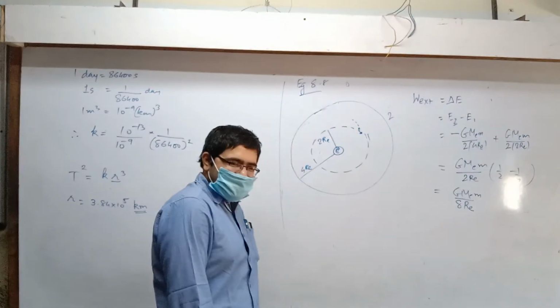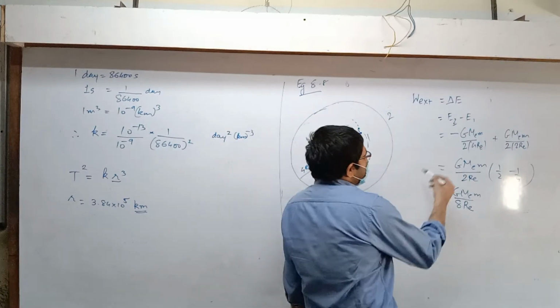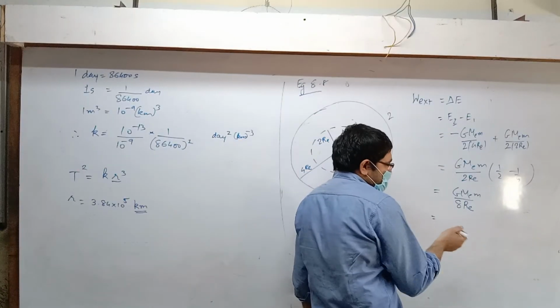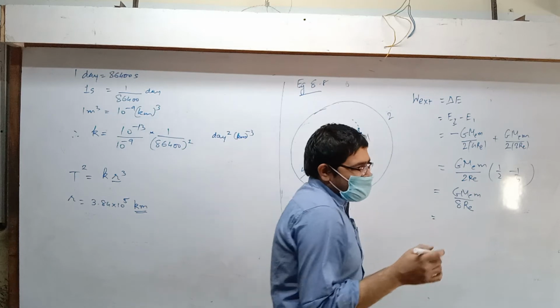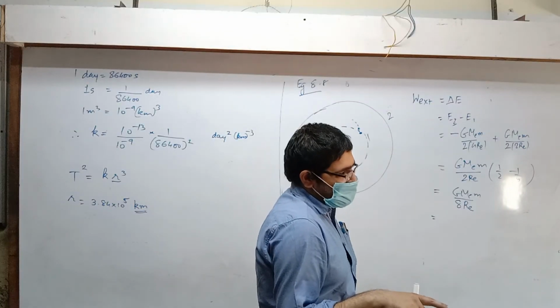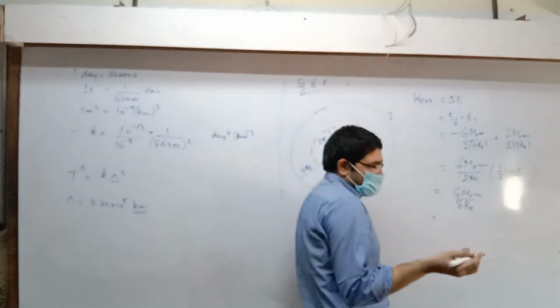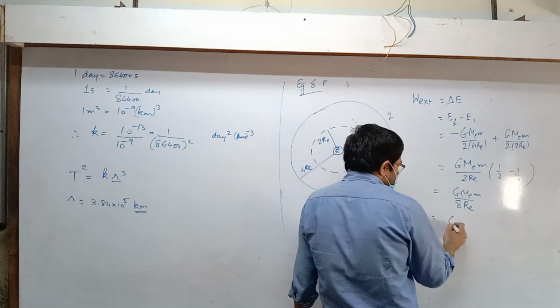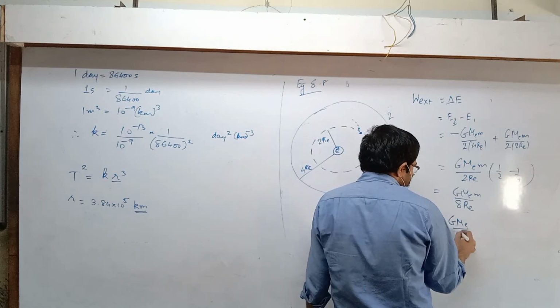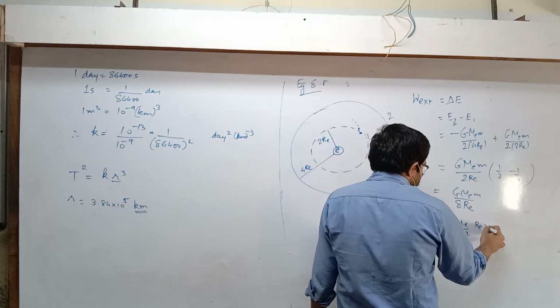Sure you got that? Okay, the energy will come. Let's put values. But you see, we can play one trick here. Instead of putting G, M_E and R and all that, let's divide and multiply by R. It will be easier.